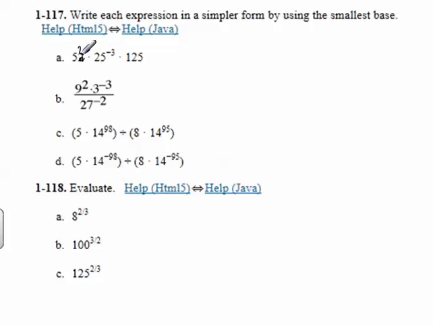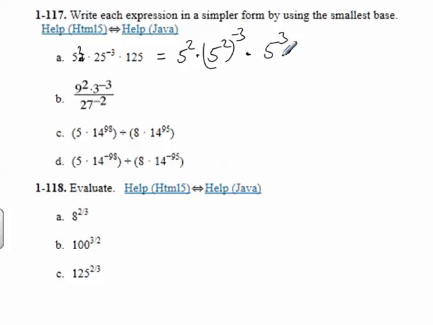Okay, 25 can be made a base 5 by rewriting. So I'm going to rewrite all of these in base 5. So 5 to the second power, and I'm going to multiply that by 5 to the second power, which is the same as 25, raised to the negative third power, like it says here, and then times 5 to the third. That's where we get our 125 is the same as 5 times 5 times 5.